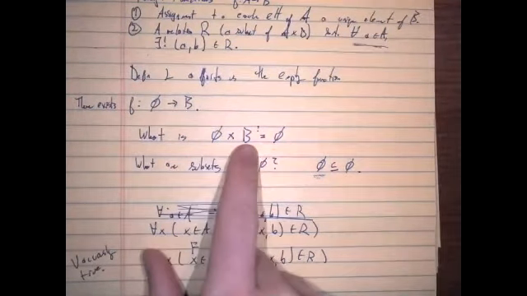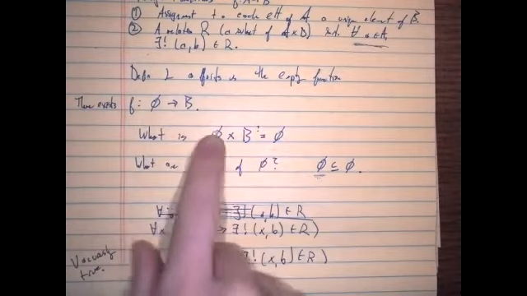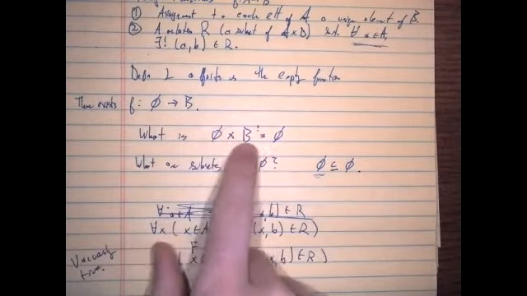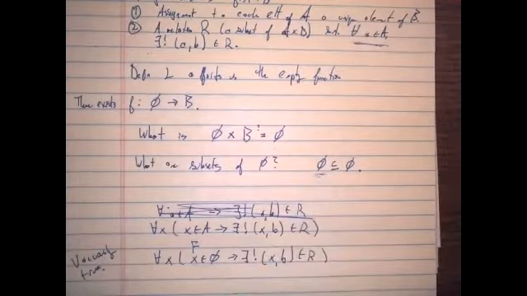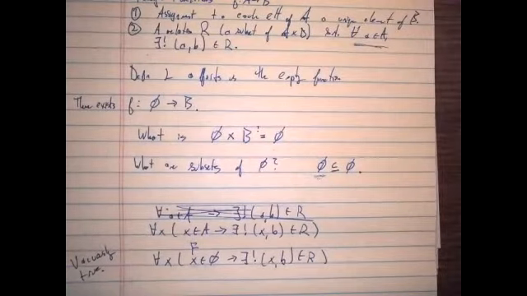Since this is the empty set, there exists a unique relation from the empty set to B, and it's just the empty set. So I know precisely what it is. It just doesn't make sense when you think of it in terms of assigning elements of A to elements of B. Does that kind of help?